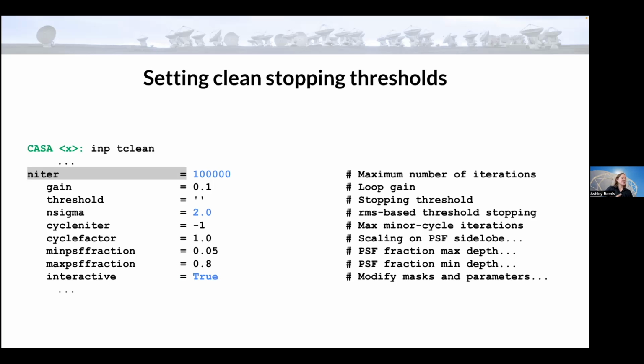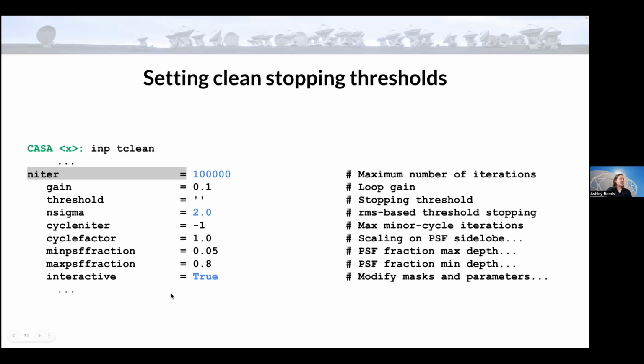This is telling clean that I would like to do an RMS-based threshold stopping at a signal to noise of 2. This is something that you could also do by setting the threshold, which would be an absolute value of RMS noise. But if you're using automasking or auto-multithresh, it'll essentially also use the thresholds that you specify in auto-multithresh at the earlier step. And it will decide per channel where that threshold should stop.